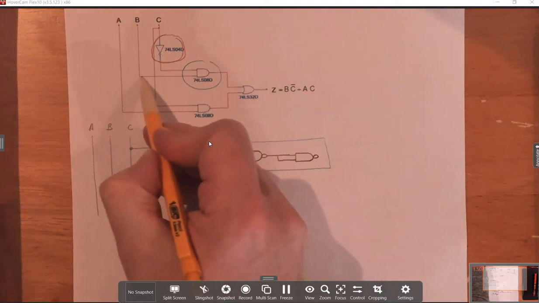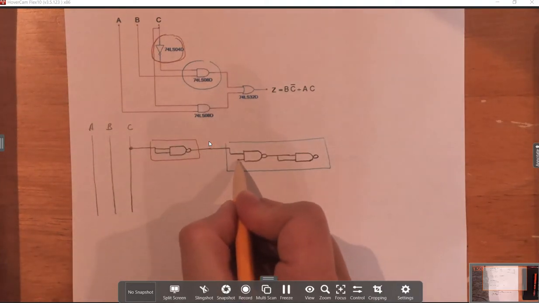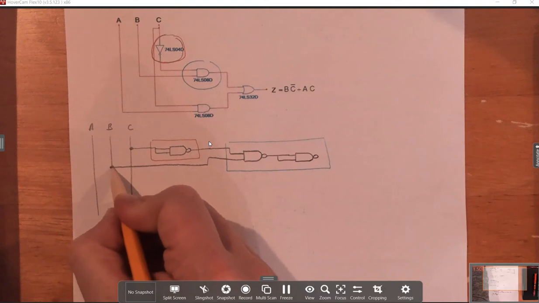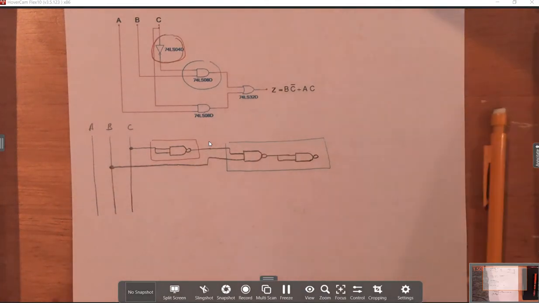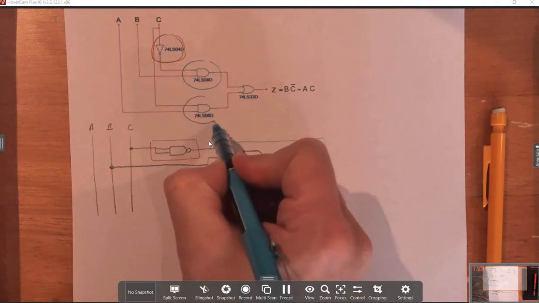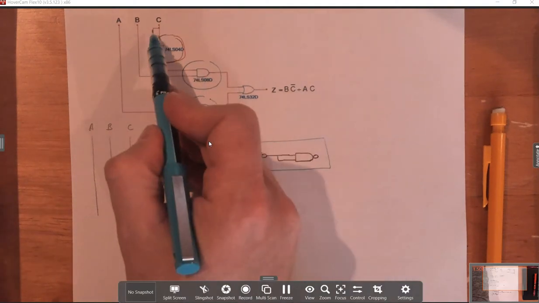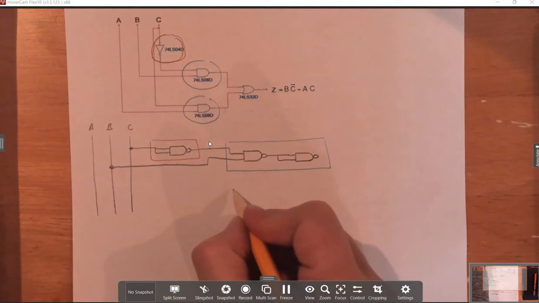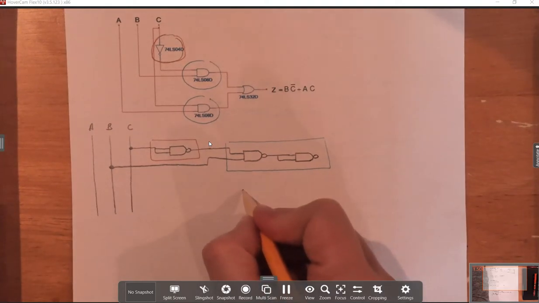And then the other input was B. Alright, I have a second AND gate right here, ANDing C and A. So I'll repeat that same setup. We'll just kind of leave it on the same level too, if that's helpful.